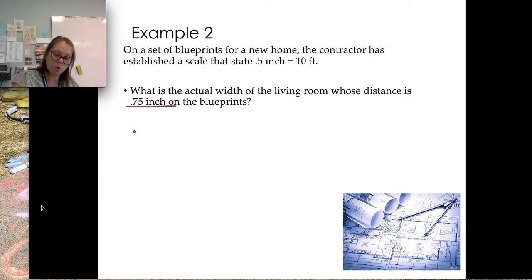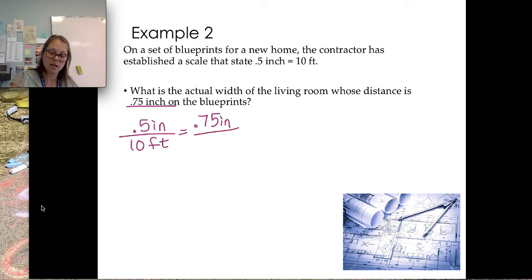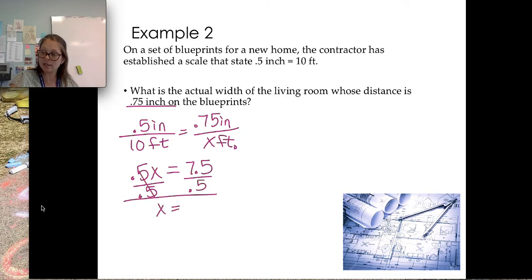So we can say 0.5 inches is to 10 feet equals 0.75 inches is to x feet. Cross multiplying here, I get 0.5x equals 7.5. I divide by 0.5, and I get x is equal to 15. So that means the width of the living room is 15 feet.